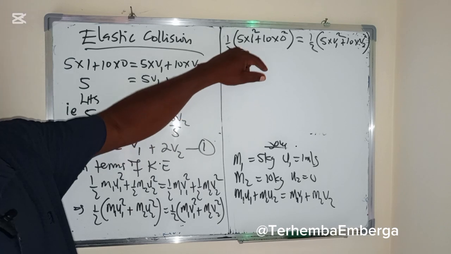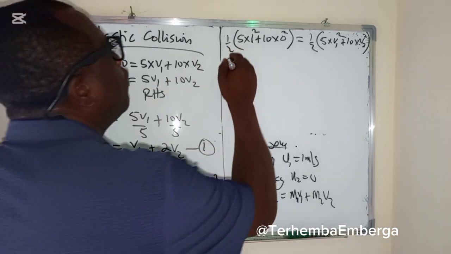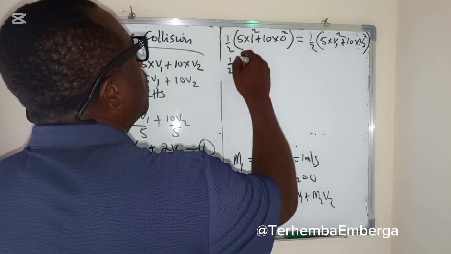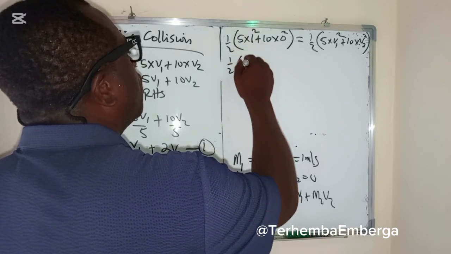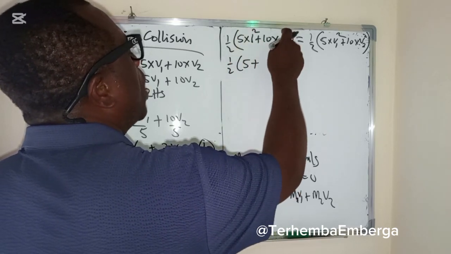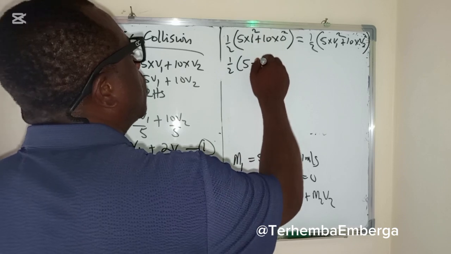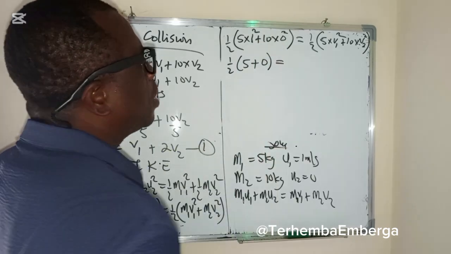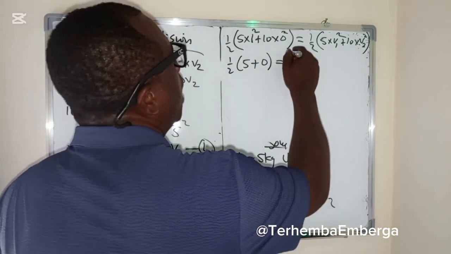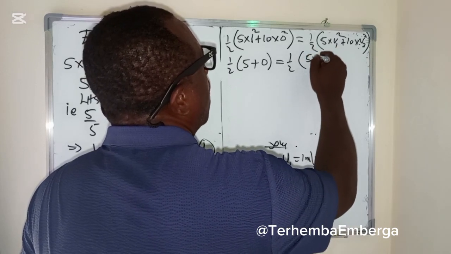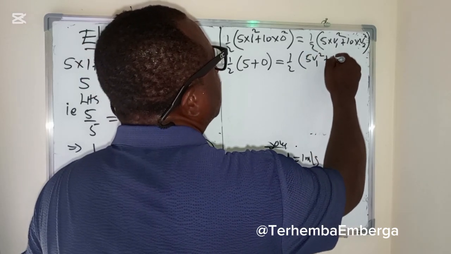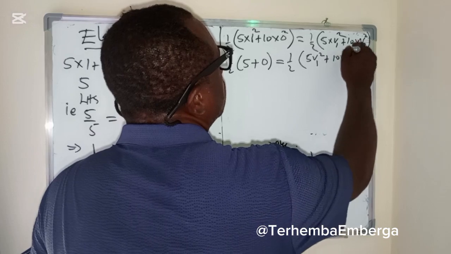So by the time you evaluate this, we have half. If you square 1, it's still 1 times 5, 5, plus square 0, 0 times 10 is 0. So we now have half into 5V1 squared plus 10V2 squared.